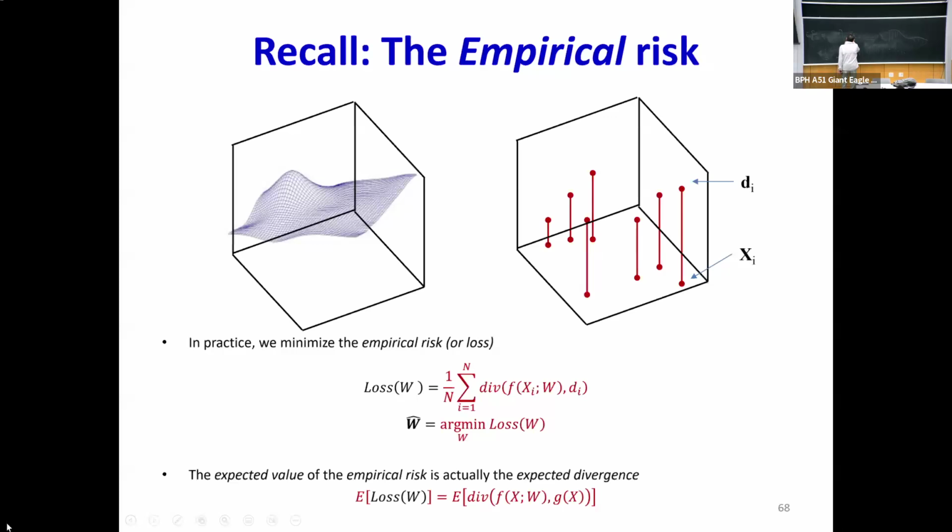I have 1 over n summation i divergence of xi. I'm trying to compute the variance of this guy, which is going to be now, if each of my training data points is independent, what is the variance of a sum of independent random variables?